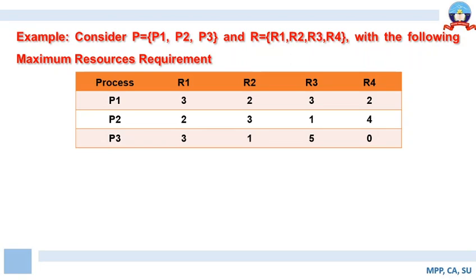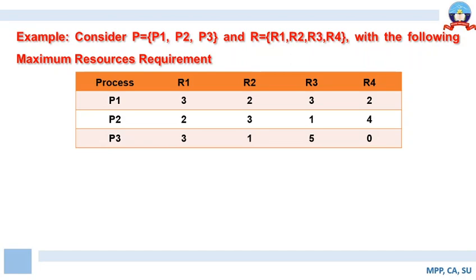So P1 requires 3, 2, 3, 2 instances of R1, R2, R3, R4 respectively. P2 requires 2, 3, 1, 4 instances of R1, R2, R3, R4 respectively. P3 requires 3, 1, 5, 0 instances of R1, R2, R3, R4 respectively.